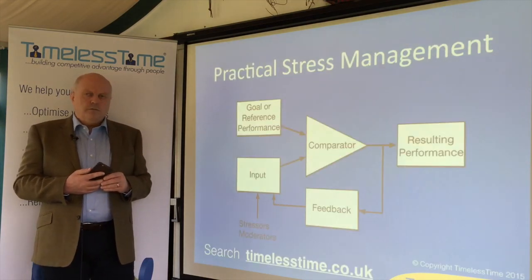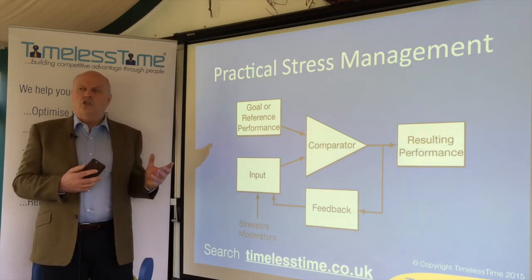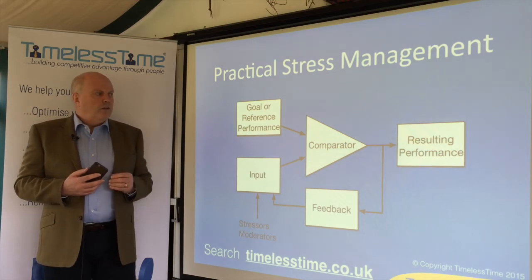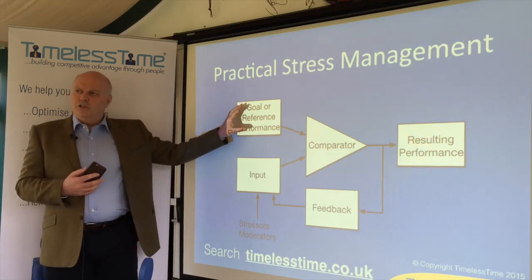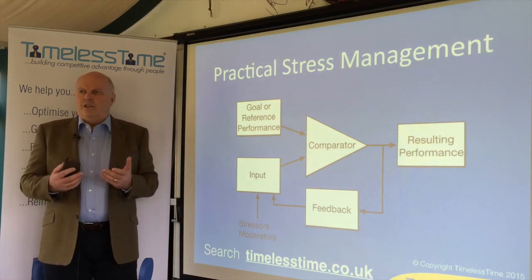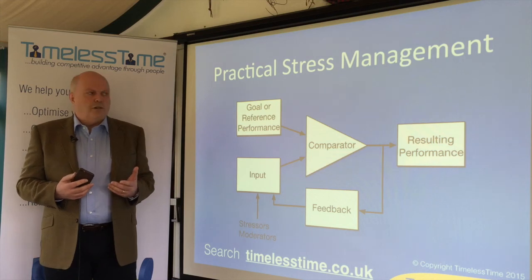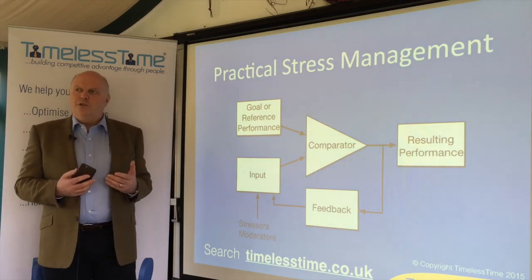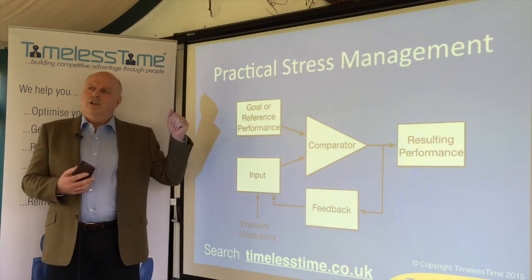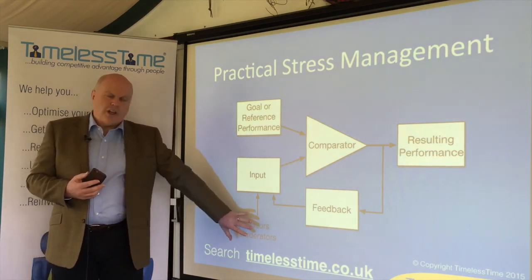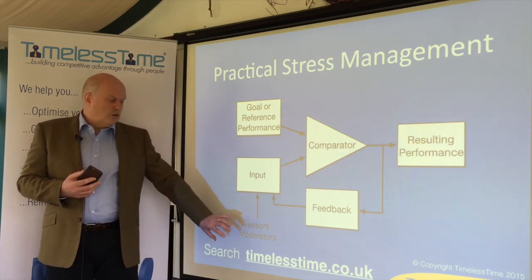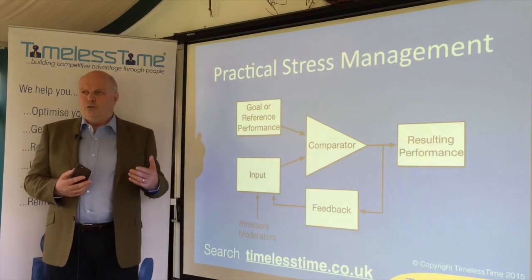The way that's done is to use a classic control loop where the output is sensed, the reference performance is known and identified. In the case of the accountant, of course, she went off sick, so that was an undesirable performance which would be logged here in the reference, and so the manager was then able to change some of the inputs, to change some of the things that he or she was in control of, the stressors and the moderators.